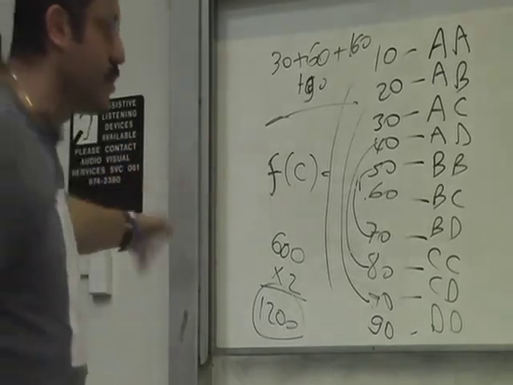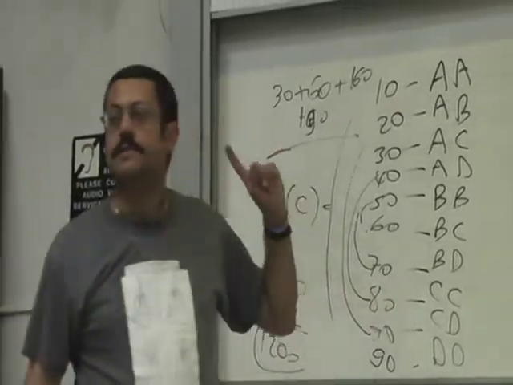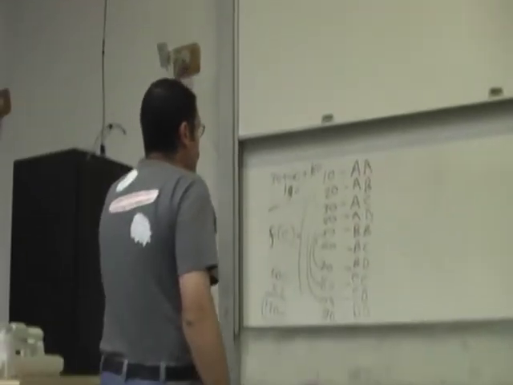So again, don't worry about the quick math. You can easily do it. But the idea is you always look for the C allele. In the homozygote, you multiply it by 2. In the heterozygote, you multiply it by 1. In the other homozygote, you multiply it by 0. Okay?